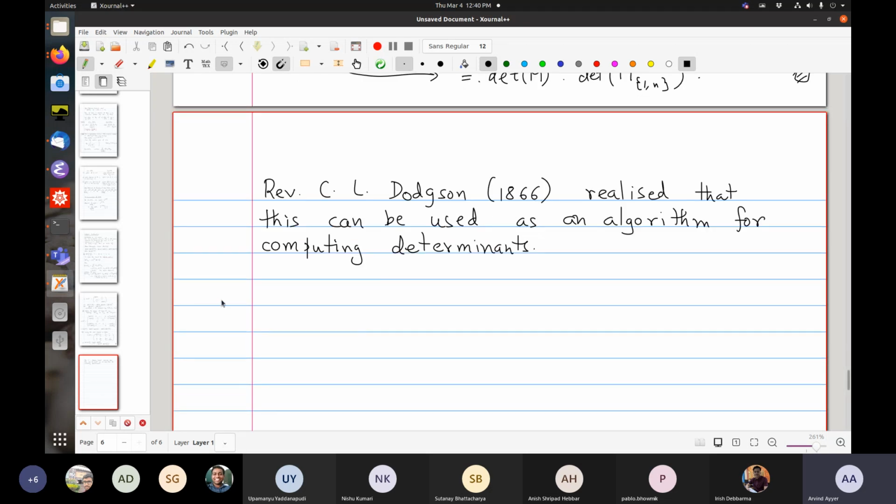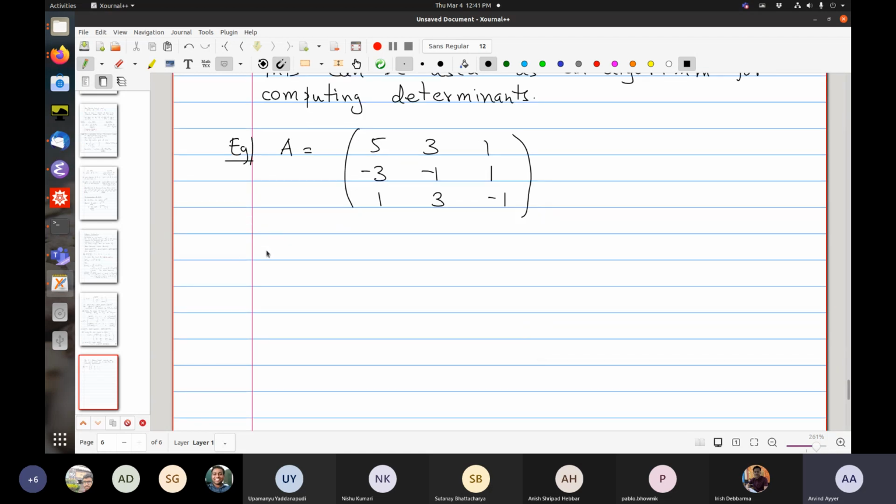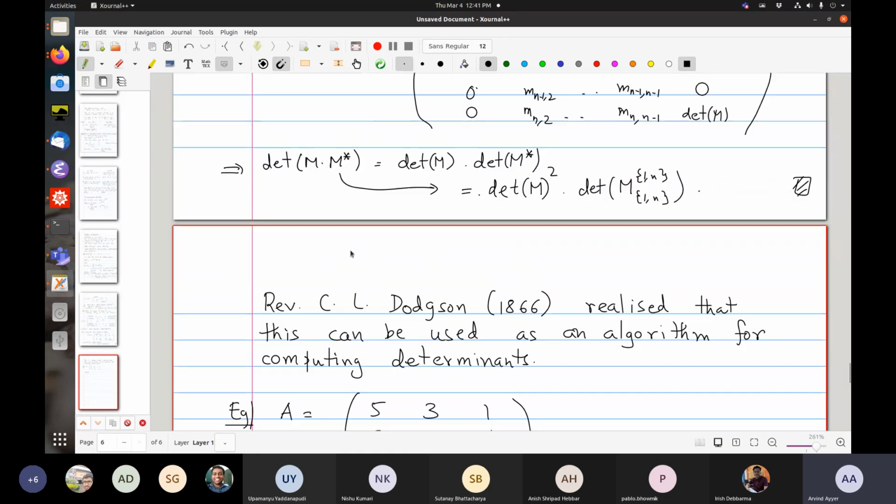So let me give an example. Let's take this matrix: 5, 3, 1; minus 3, minus 1, 1; and 1, 3, minus 1. So then determinant A, so what is the algorithm?